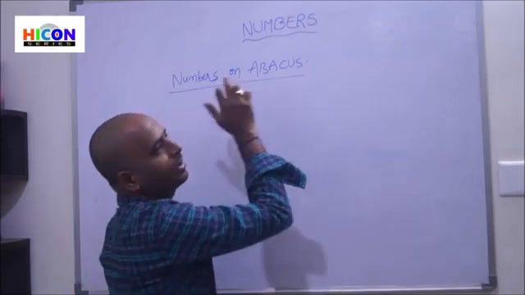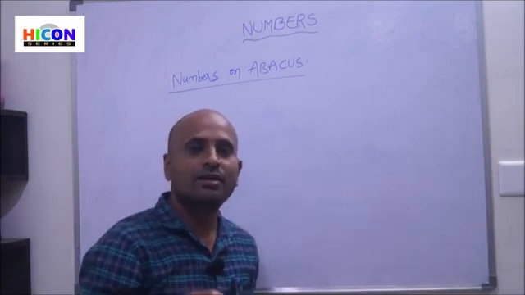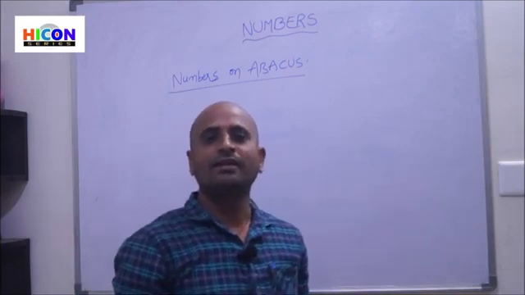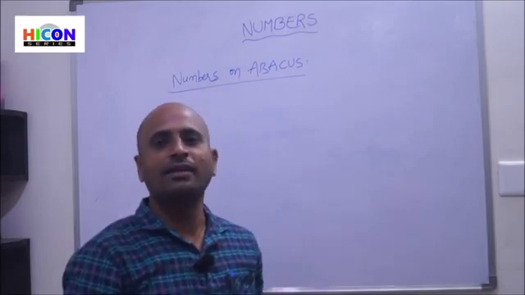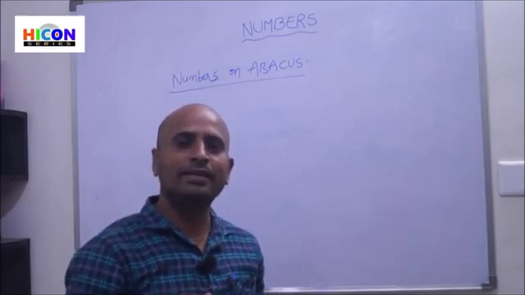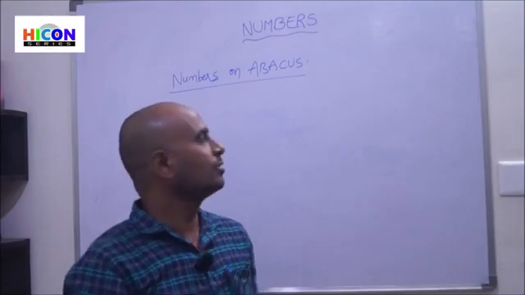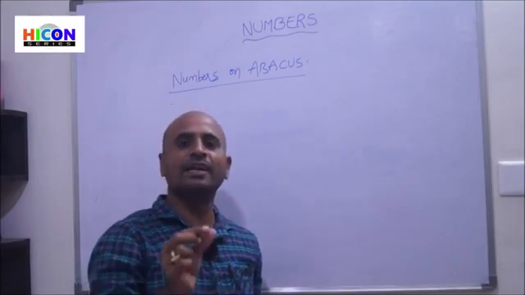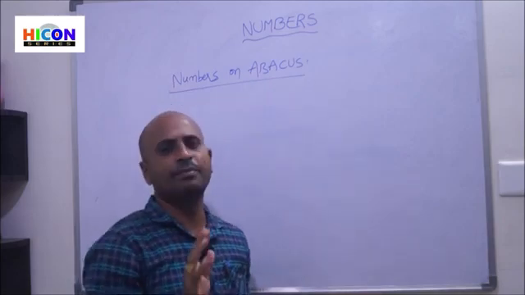An abacus contains rods or sticks, each rod represents a place, and the digit in the place can be represented with the help of beads. So with the help of sticks and beads we can represent any number.